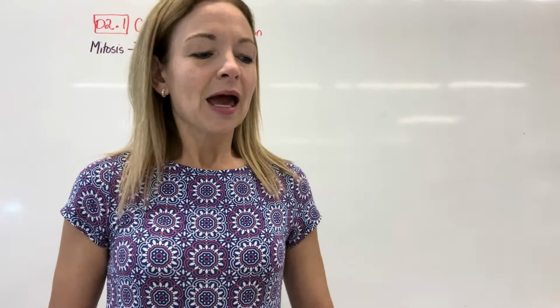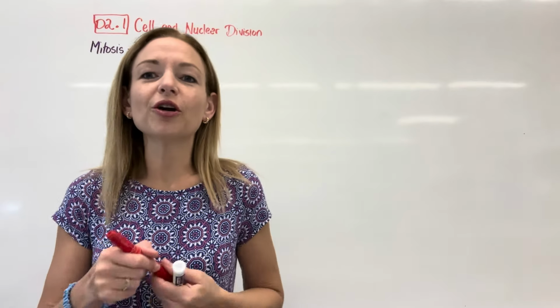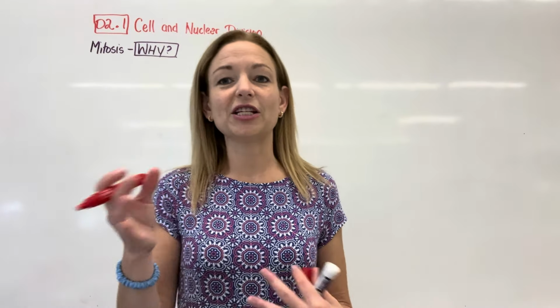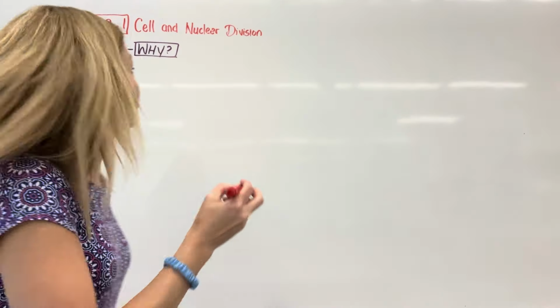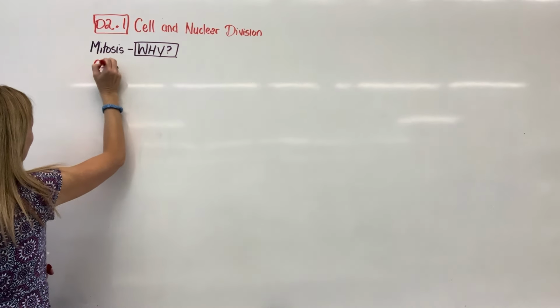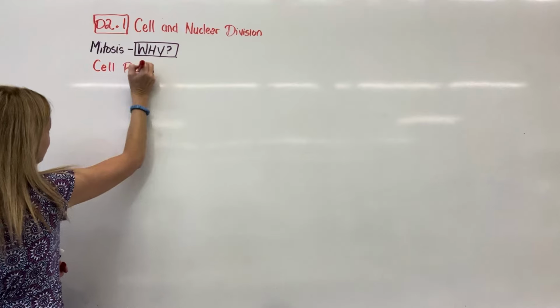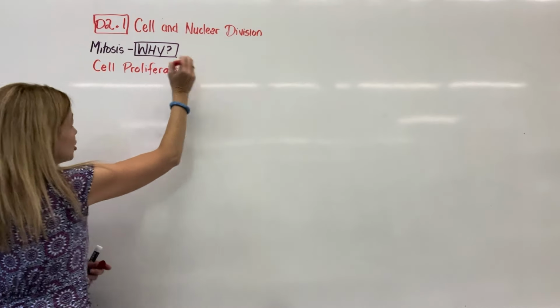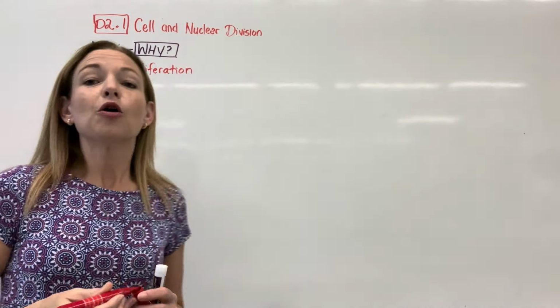The term that you need to learn, which is more descriptive than just cell division, is cell proliferation. So the purpose of mitosis is cell proliferation. And cell proliferation is essentially just when the rate of division is higher than the rate of death. So when we are actively gaining cell numbers.